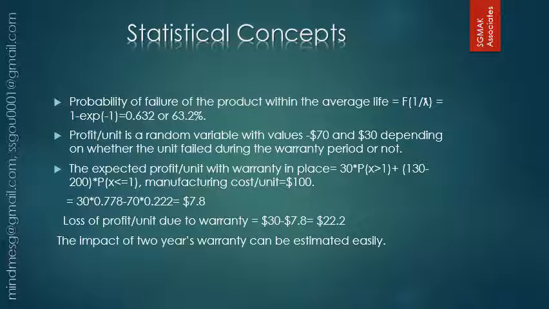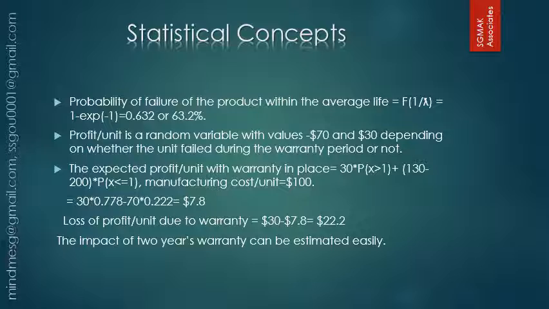The profit per unit in this case is a random variable. If the product doesn't fail, you're generating a profit of $30 per unit. But if it fails, you get revenue of $130, but you have to give away 2 products, each costing you $100: the first one that you sold, the original one, then a free replacement.